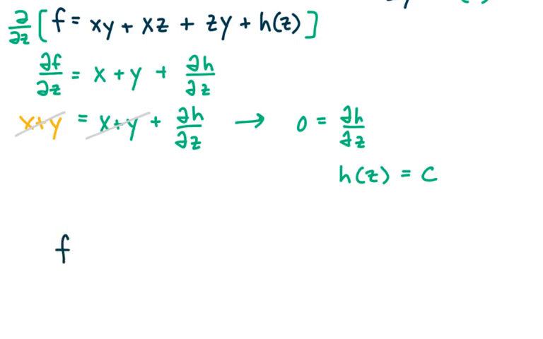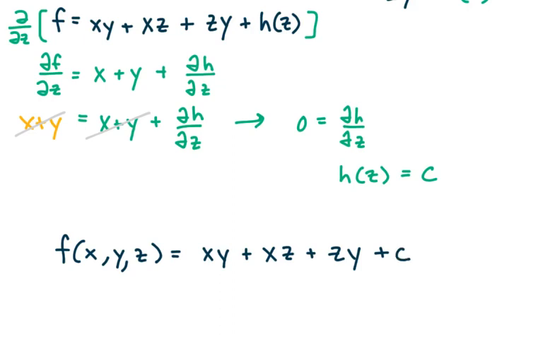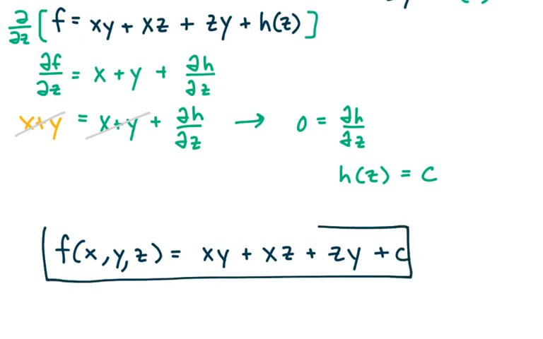So in this problem, my function f of x, y, z is equal to xy plus xz plus zy plus c. And that's my final answer. So that's how I can find the potential function of a conservative vector field with 3 variables, x, y, and z.